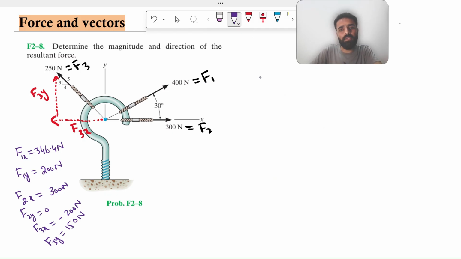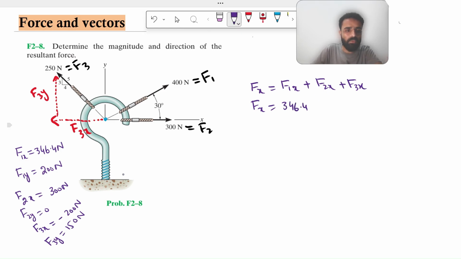So now we will be just adding the horizontal forces to get the Fx, like F1x plus F2x plus F3x, and putting in the values. Here we have this F1x, which is plus 346.4.